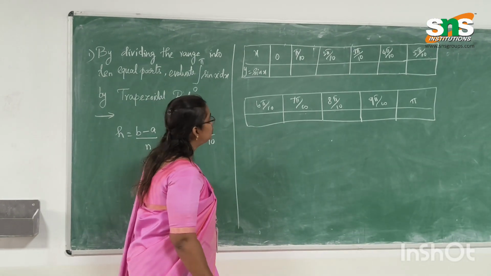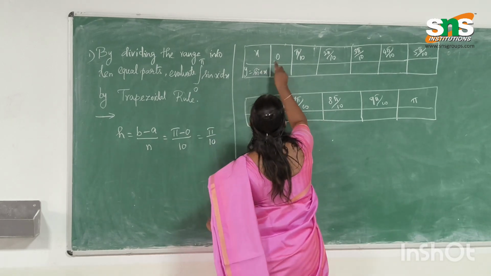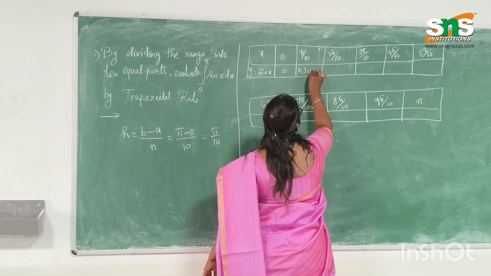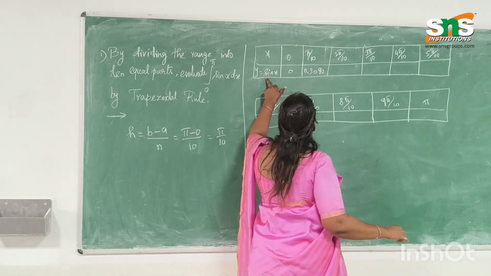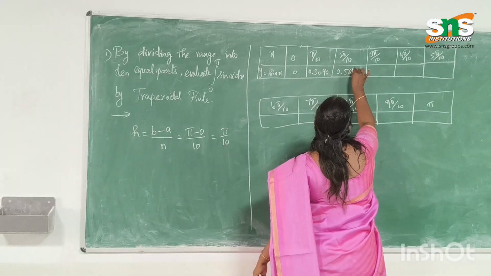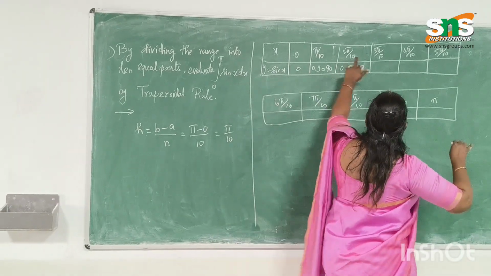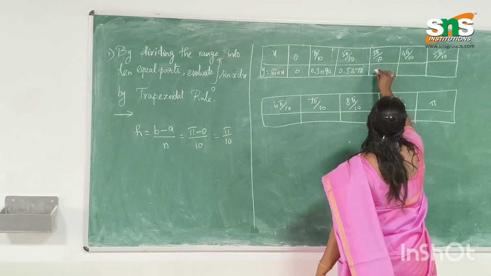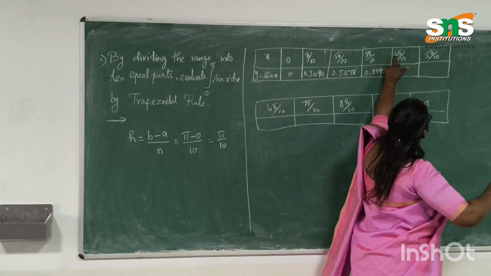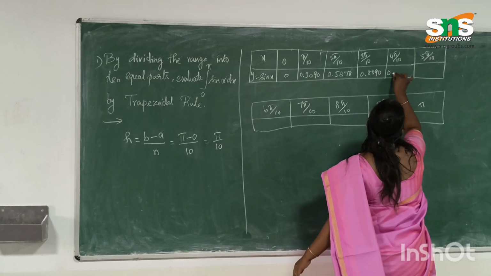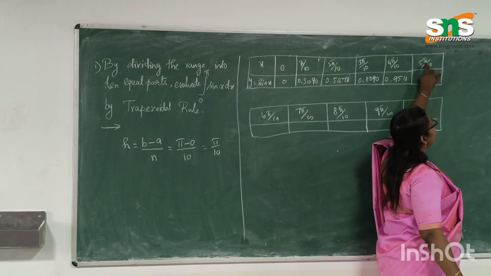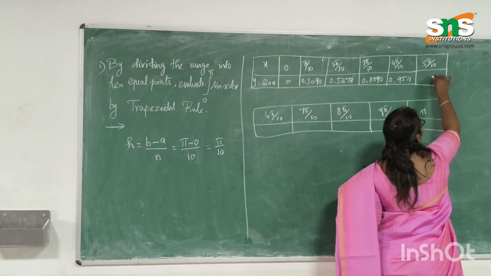Then sin 0 is 0, sin pi by 10 is 0.3090, sin 2 pi by 10 is 0.5878, sin 3 pi by 10 is 0.8090, sin 4 pi by 10 is 0.9511, and 5 pi by 10, that is pi by 2, gives sin of pi by 2 equal to 1.